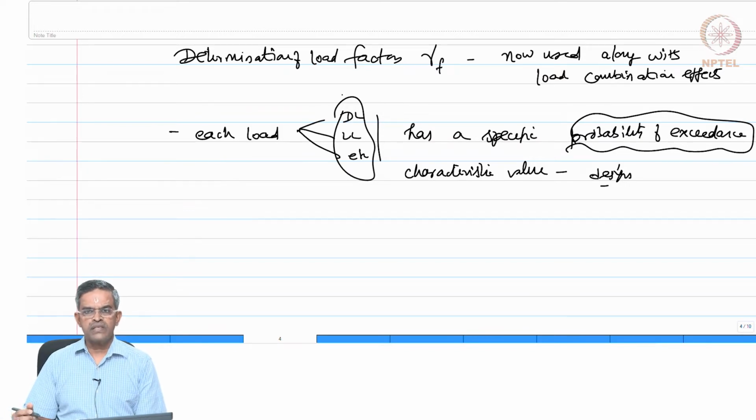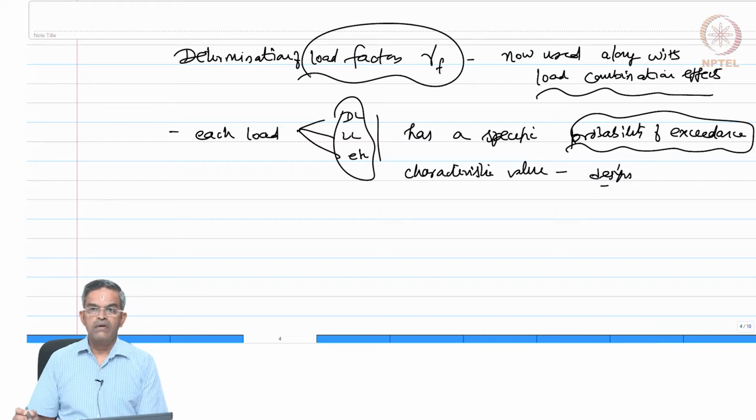Therefore, the probability of exceedance of these loads need not be the same. So, I have to account for the probability of exceedance of these forces or loads along with their combination effects, and that should give me the appropriate load factor which I should use in the design, is it not?